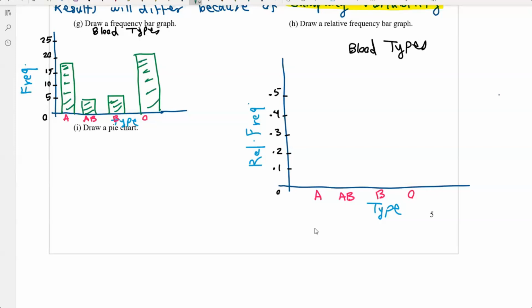Now for relative frequency. For relative frequency, this one is 36%. So that is 30%. Here is 40%. In between 35, so that one is 36.